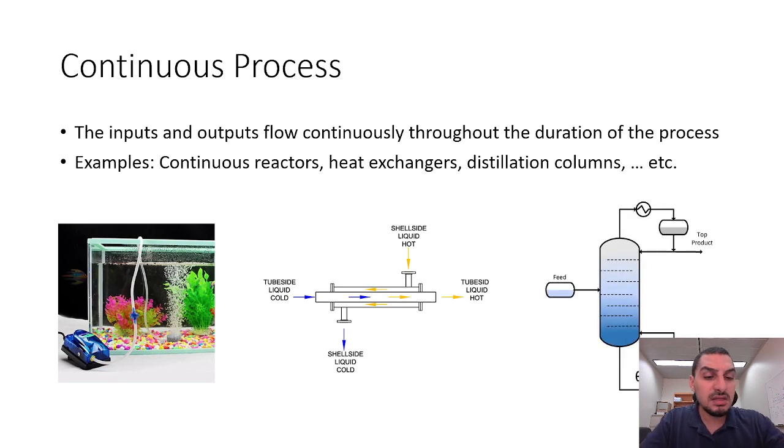One last thing is the distillation column, and this is used to separate components based on their volatility or their boiling point. So the more volatile components that have low boiling point will evaporate easily, so they will be collected in the top.